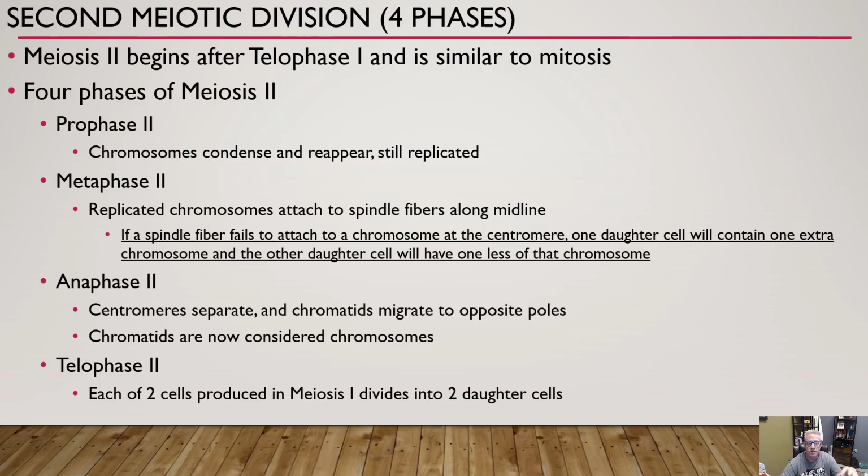Meiosis 2 begins right after the end of telophase 1, and it follows exactly the same steps as mitosis. We have prophase, metaphase, anaphase, and telophase. In prophase, just like in mitosis, the chromosomes condense. In metaphase, the spindle fibers come down and the chromosomes line up at the equatorial plate.